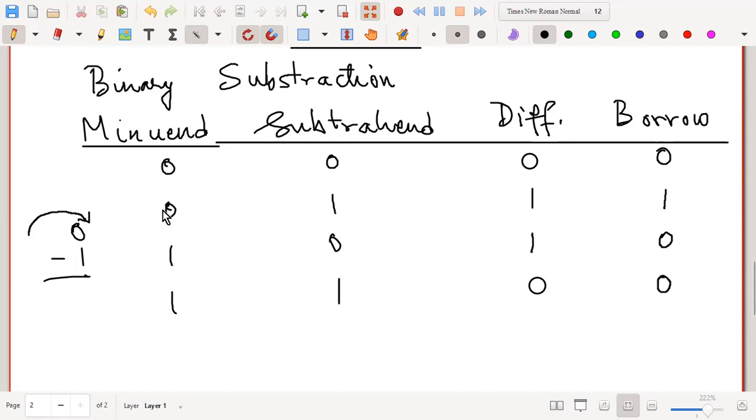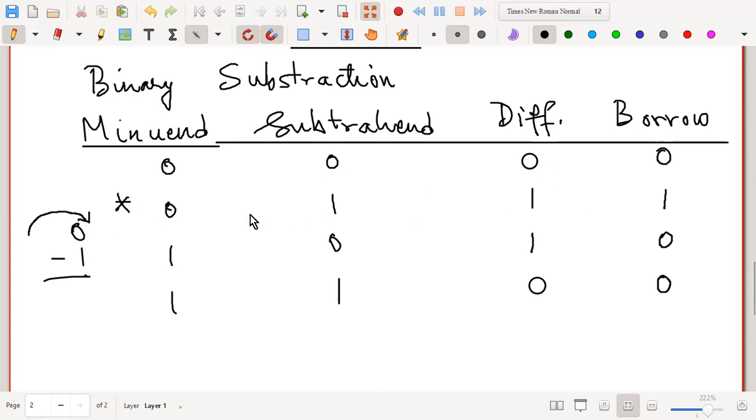The second step, this one, you need to just note it down. Others are not that much, but in this case only a borrow is generated, because you cannot subtract 1 from 0. So you need to borrow a number here, and then the difference of these two would be 1.